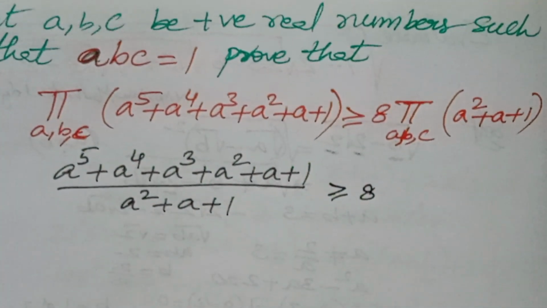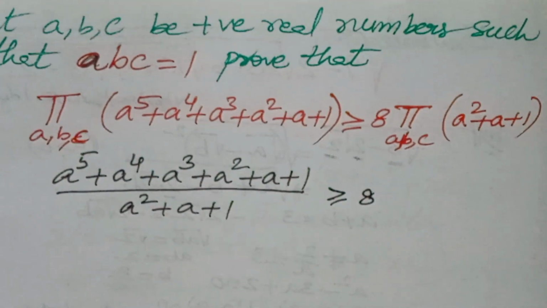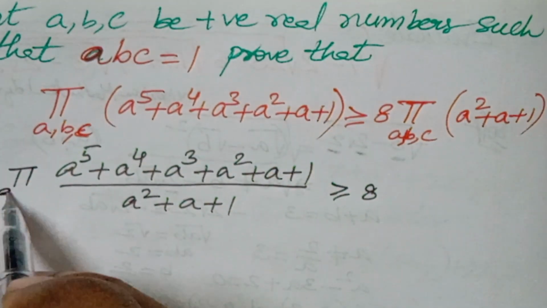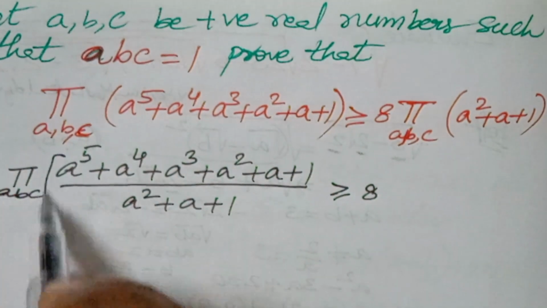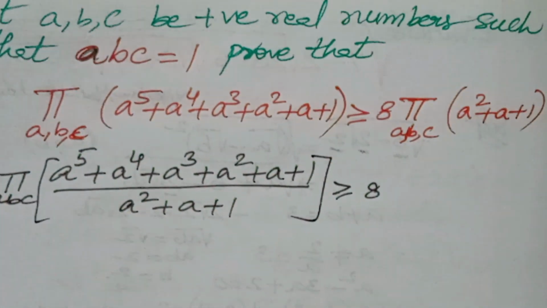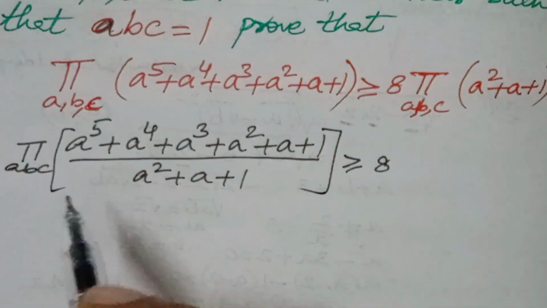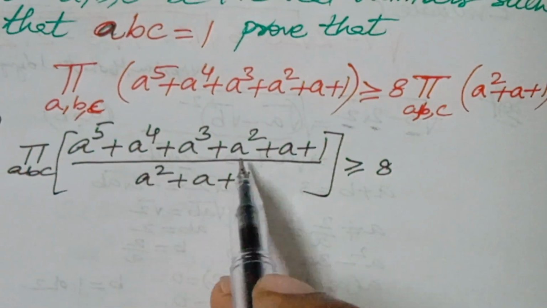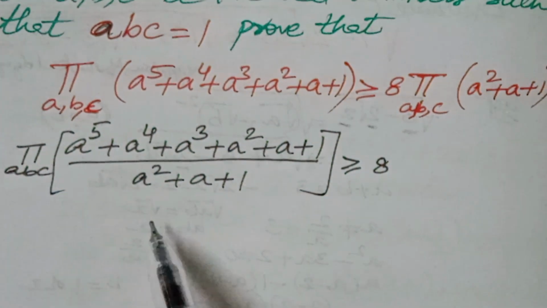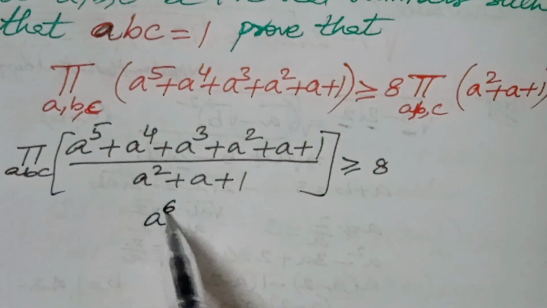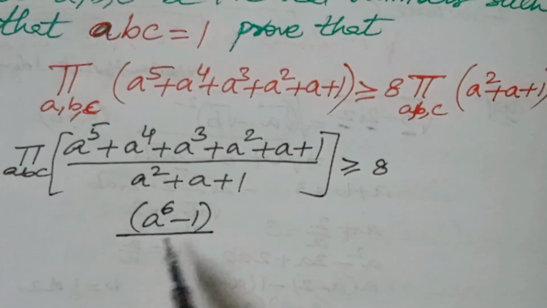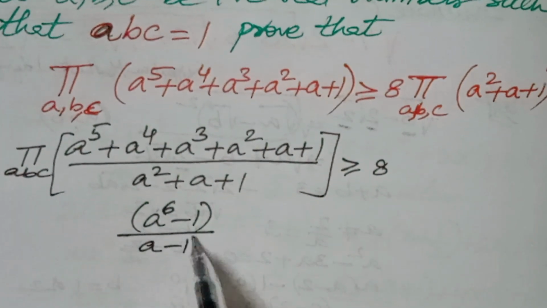You have to show this. Both are having the product over a, b, c. So first of all I will solve this. A to the power of 5, a to the power of 4, a cube, a squared, a plus 1 can be written as a to the power of 6 minus 1 divided by a minus 1.